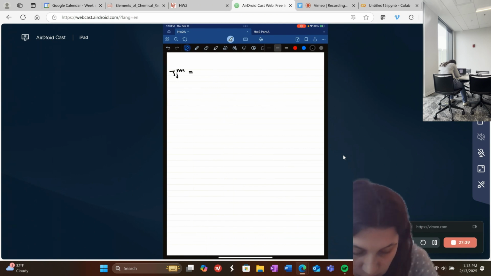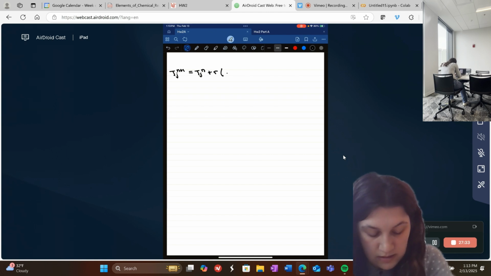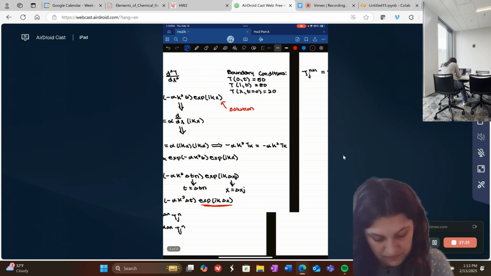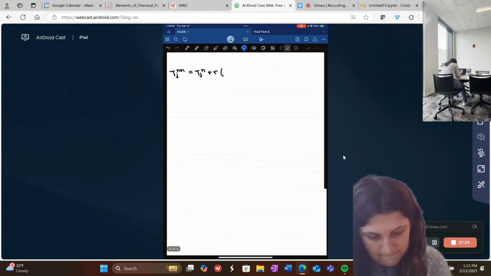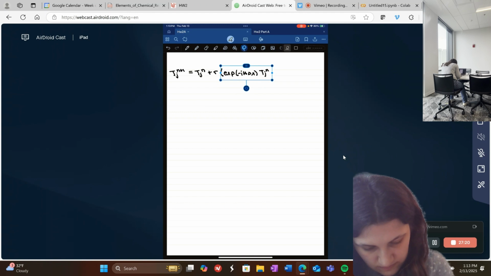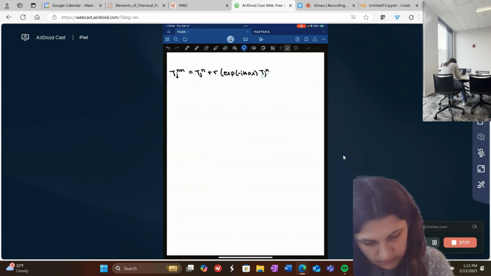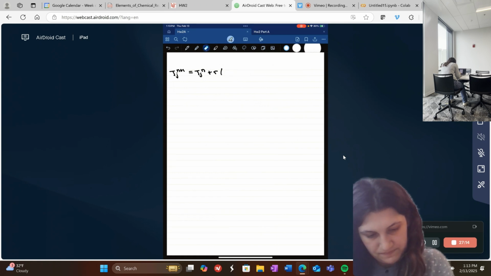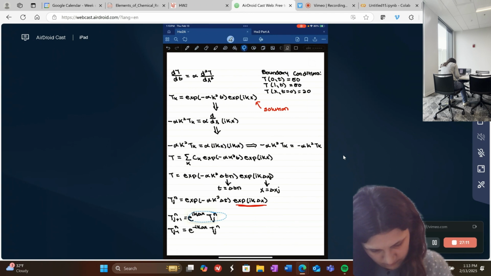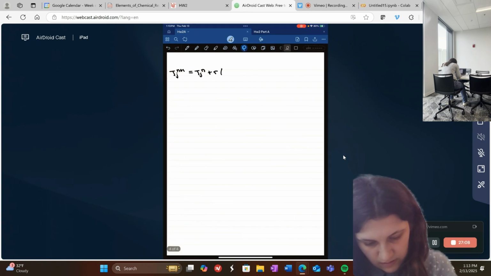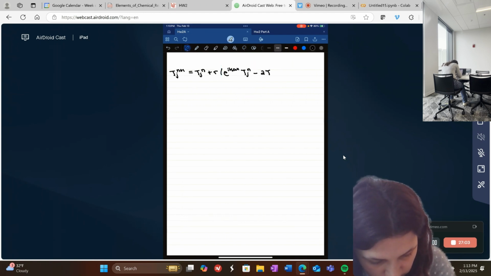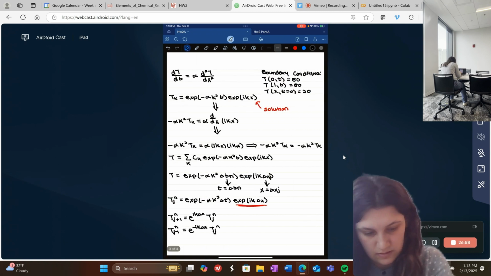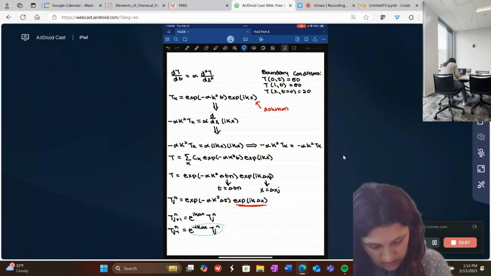T_j^{n+1} is equal to T_j^n plus r times T_{j+1}, which is this here, minus 2 T_j^n plus T_{j-1}^n.